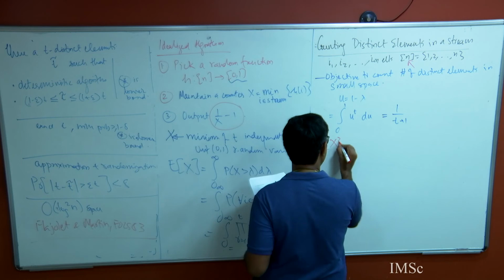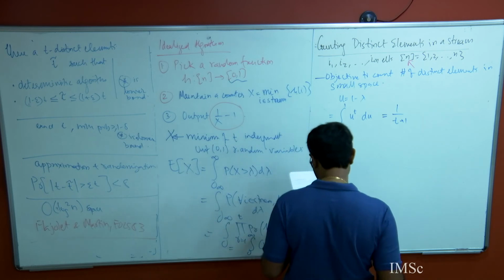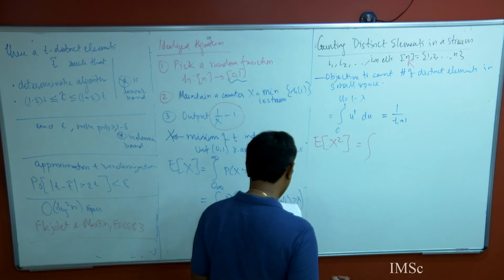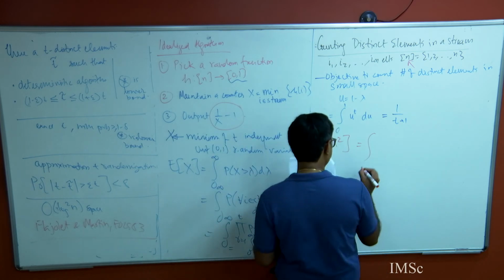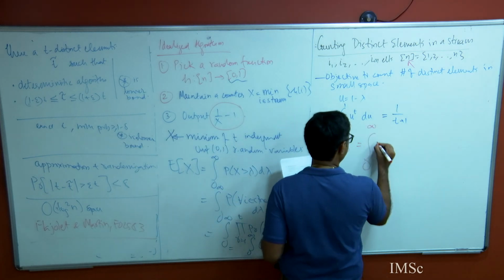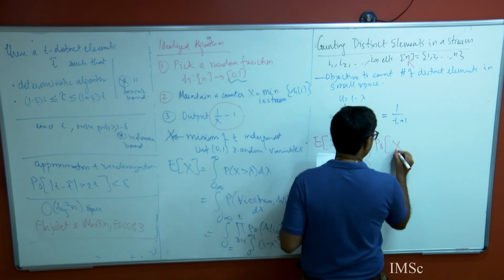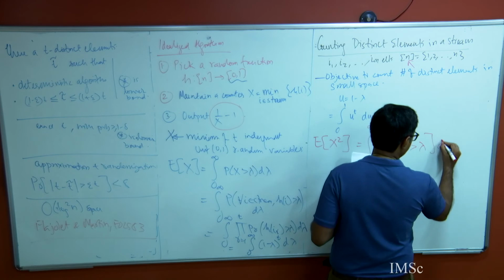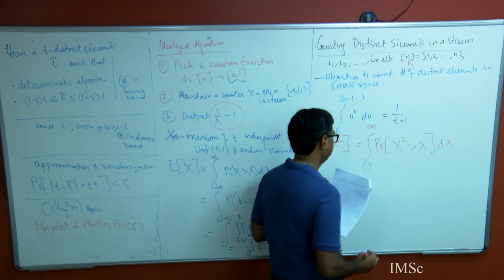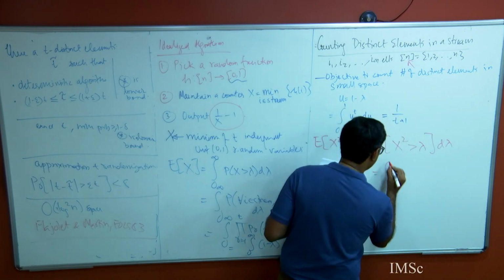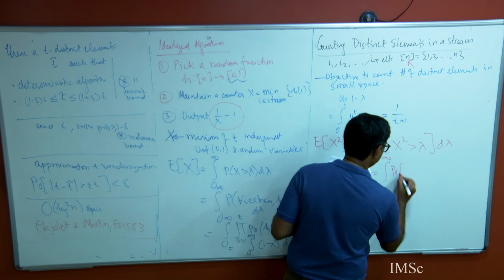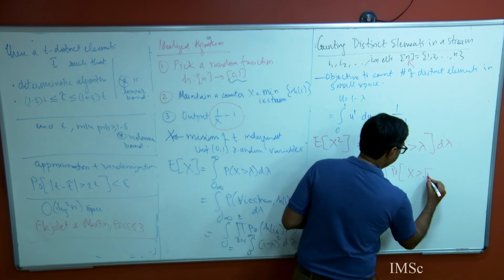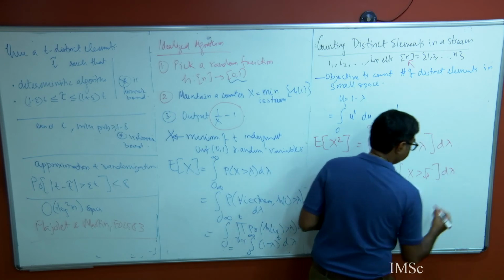So expectation of x square is what? It is the same thing, d lambda, right, which is the same as saying root lambda d lambda.